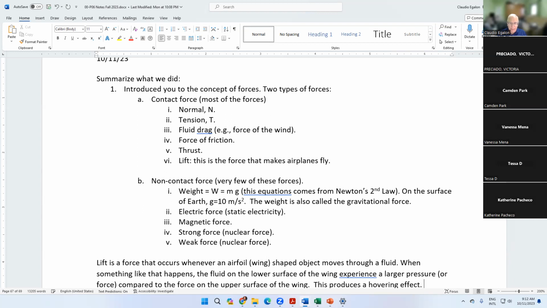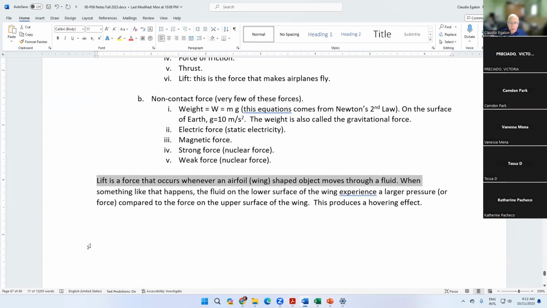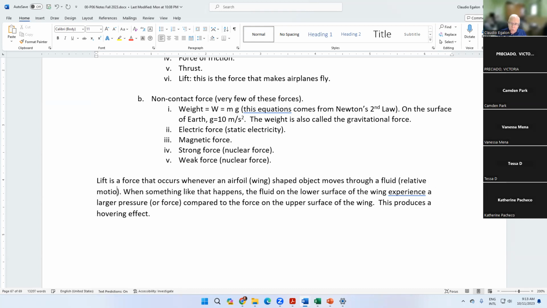But don't forget, and by the way, it's not just moving, right? Lift is a force that occurs whenever an airfoil-shaped object moves through a fluid. I'm talking about relative motion of a fluid. You do not have to move with respect to the ground.